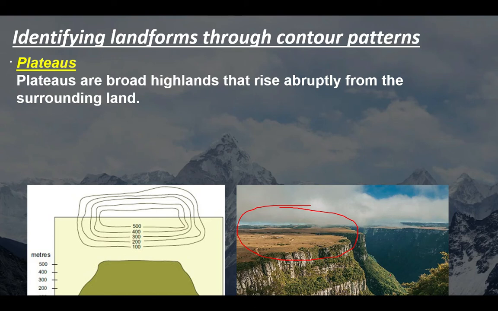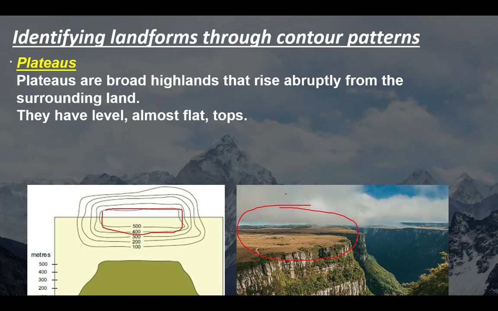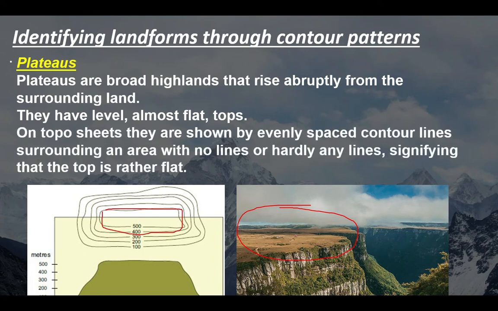Okay, this is called a plateau. In the contour lines of this plateau, the center area is flat. The top is almost level and very flat. On topo sheets, they are shown by evenly spaced contour lines surrounding an area with no lines or hardly any lines, signifying that the top is rather flat.